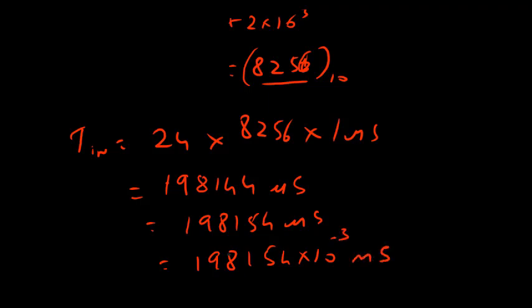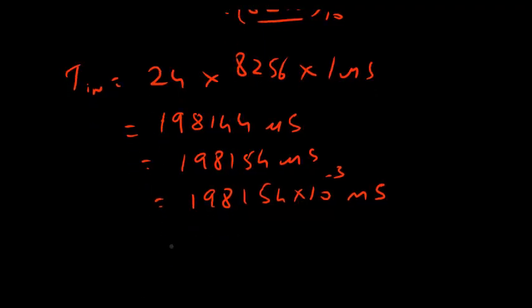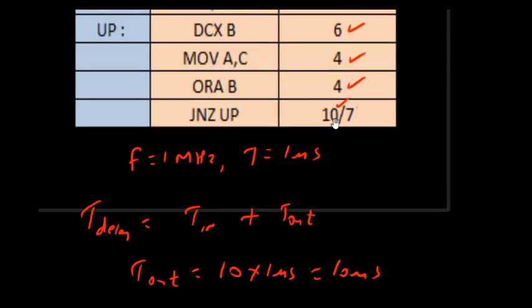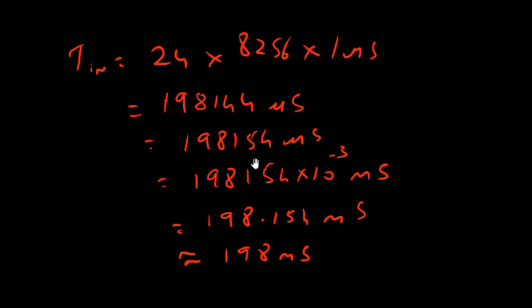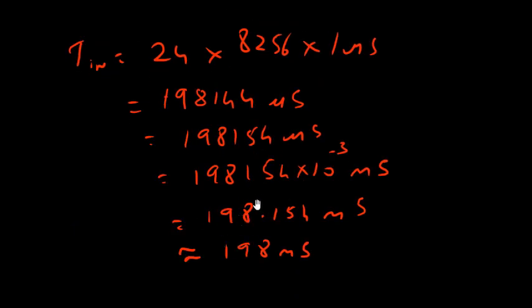We can ignore the last few digits. So roughly what we get is 198.154 millisecond, which is almost equal to 198 milliseconds. So this is the required time delay. We ignore those 3 microseconds, because 198 millisecond is quite large as compared to 3 microseconds. So this is the actual time delay.